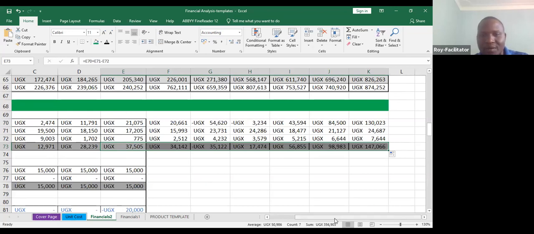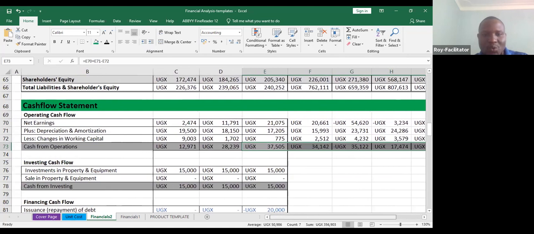Yeah, all right. Then we go to investments. So investments in property, here we look at, did you buy something? Because if you buy, that means you are spending money, isn't it?